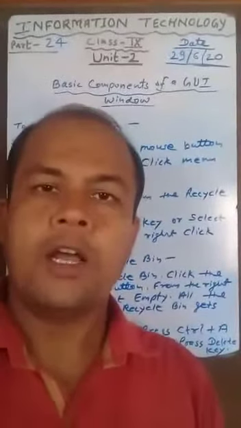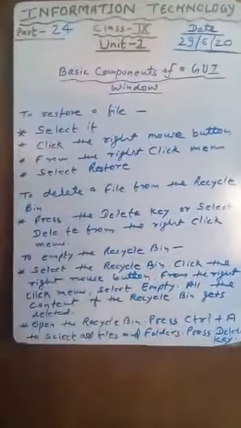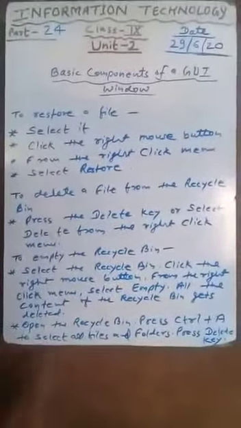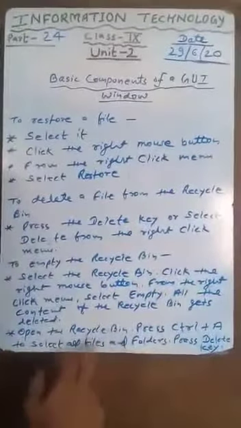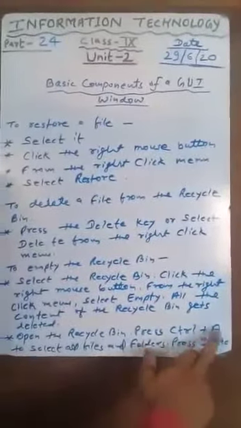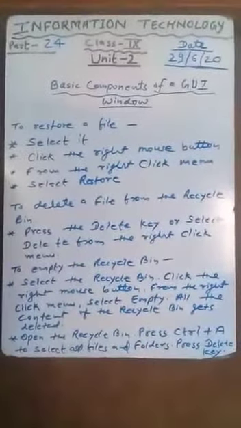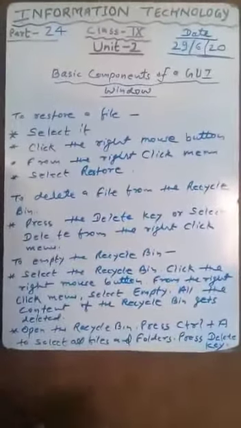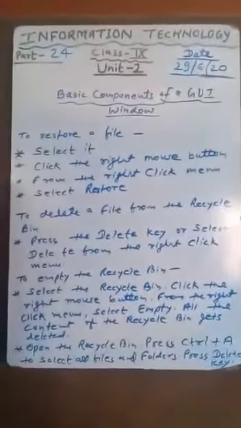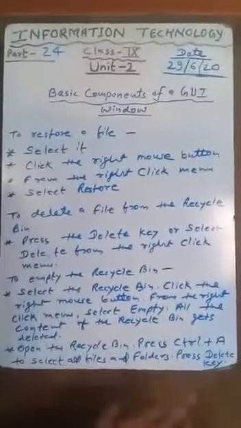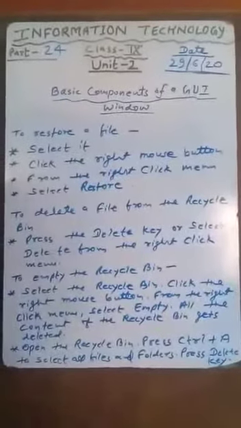Now dear student, if we want to delete our files and folders permanently from the recycle bin, then we use this step. Open the recycle bin, press Ctrl+A to select all files and folders. Then press the delete key on the keyboard.